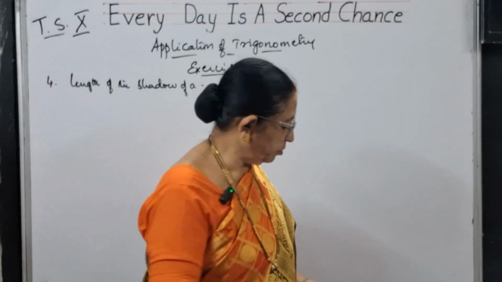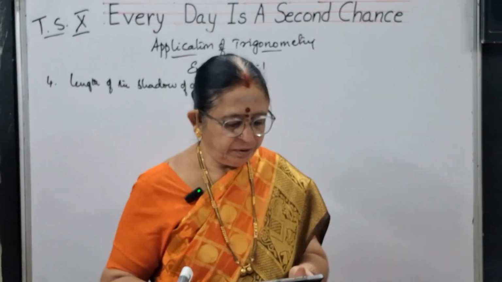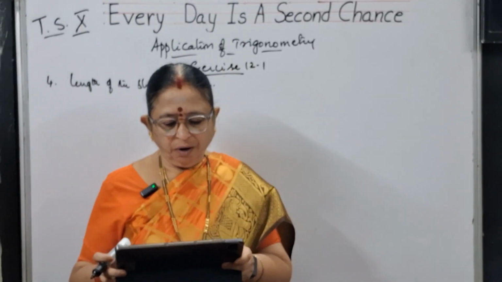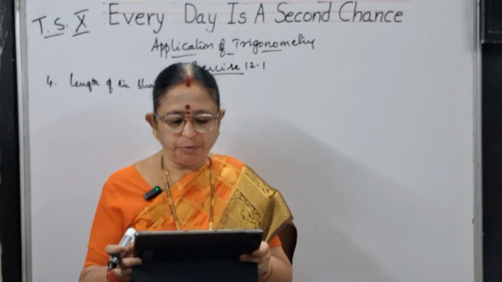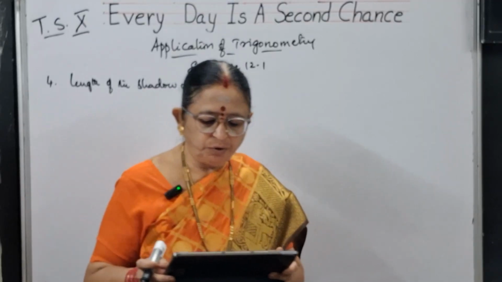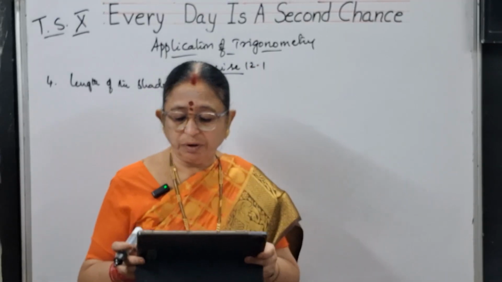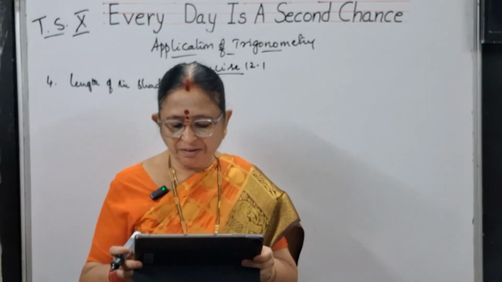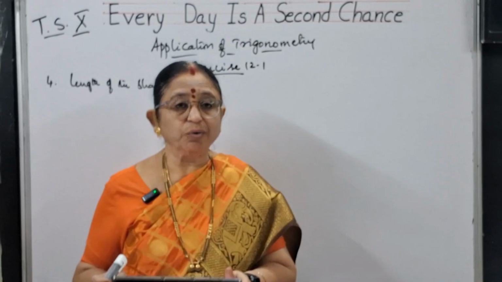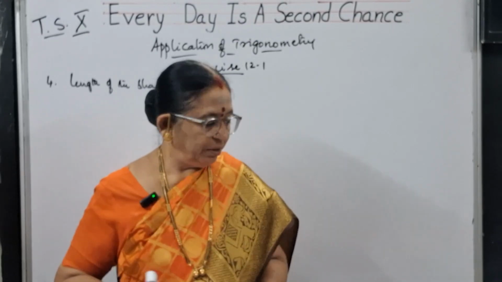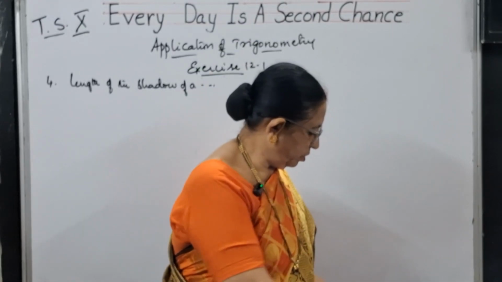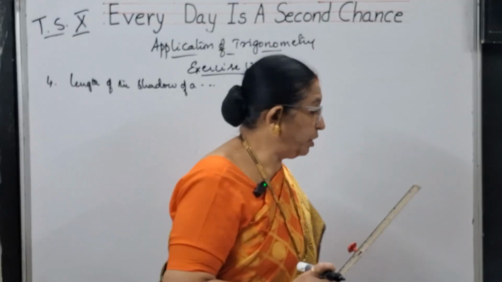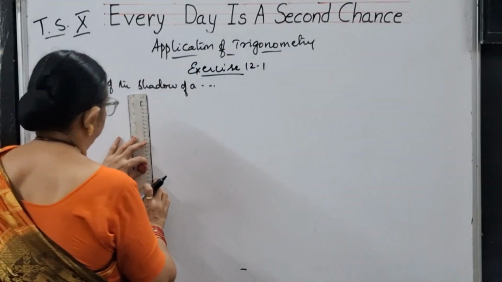Now the next problem, children. Fourth problem. The length of the shadow of a 15 meters high pole is 15 root 3 meters at 8 o'clock in the morning. Then what is the angle of elevation of the sun rays with the ground at that time? There is a pole which is 15 meters high.